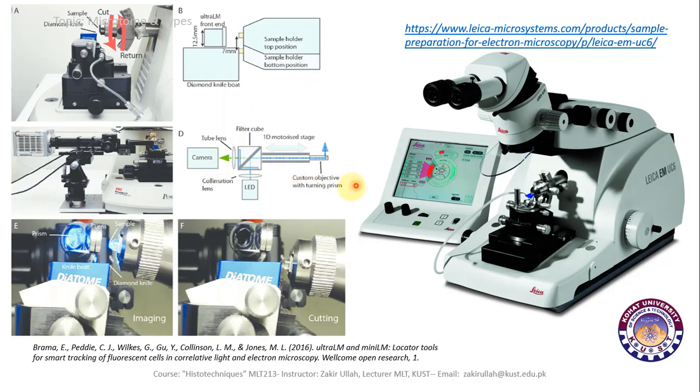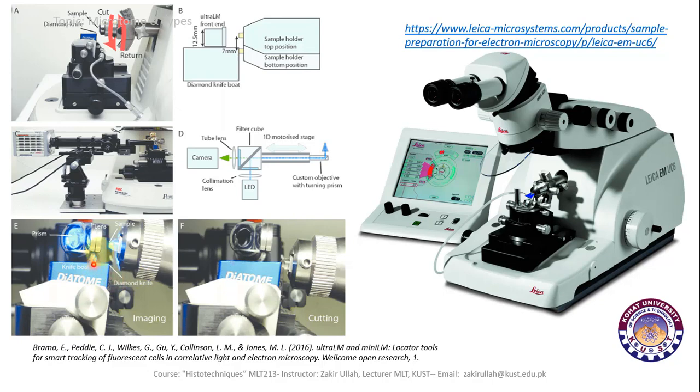So, here a custom objective with turning prism is present, this is the filter cube and here is the LED. So, we can see here this is the prism, the lens, the sample and the diamond knife. This is the imaging and this is the cutting of the slide.